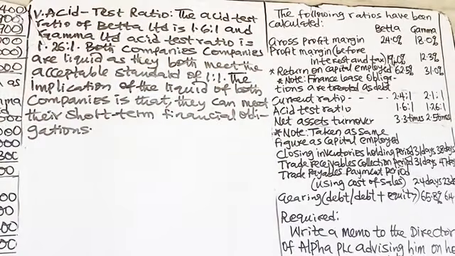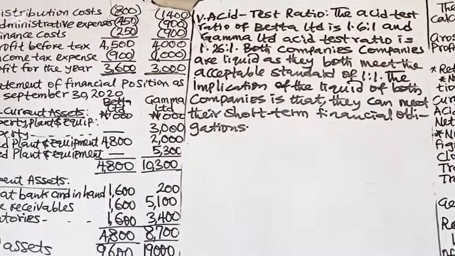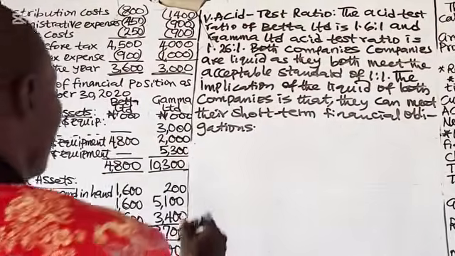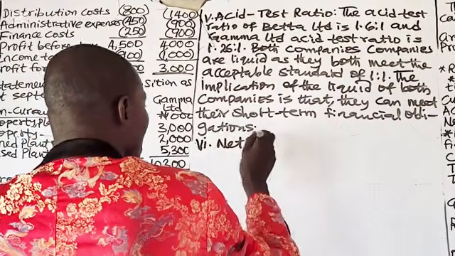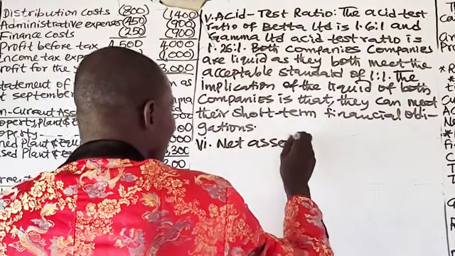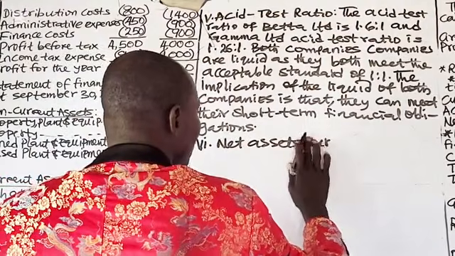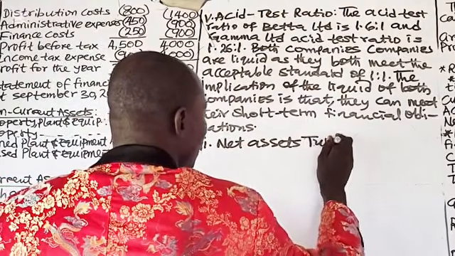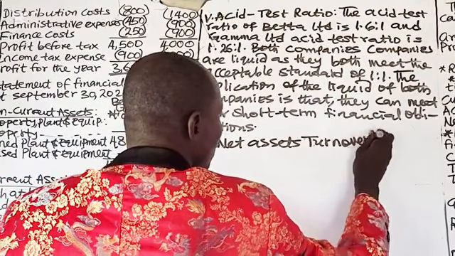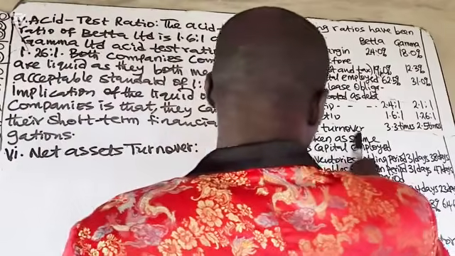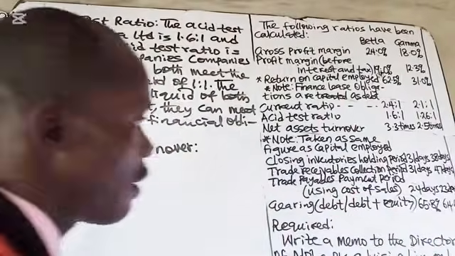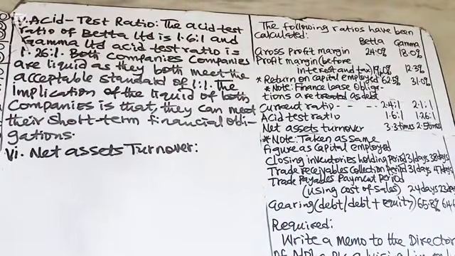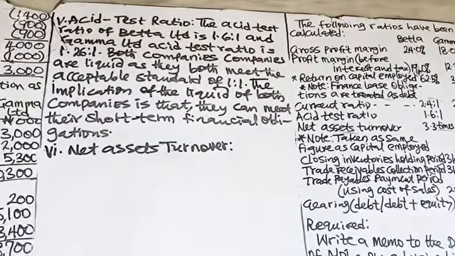So the number 6 ratio is net asset turnover: 3.3 times for Beta and 2.5 times for Gamma.